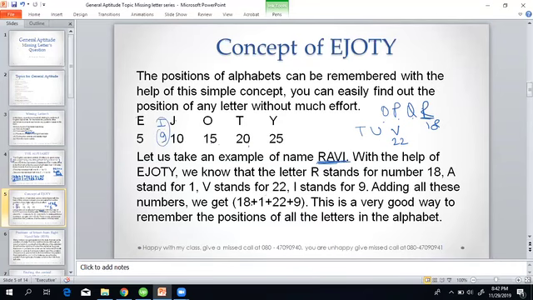So we can count the numbers: 18 for R, 1 for A, 22 for V, and 9 for I. So add these numbers. This is the alphabetical position of this word.